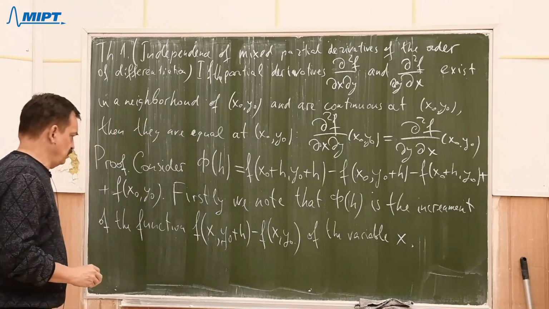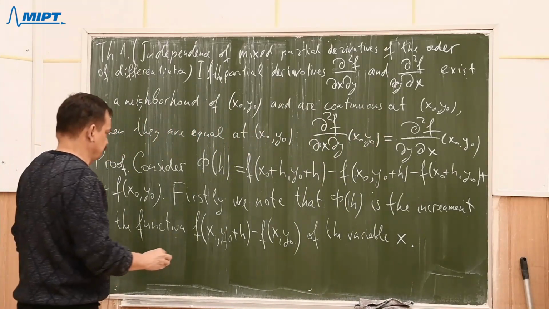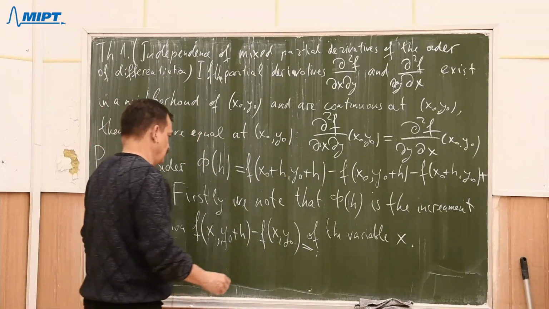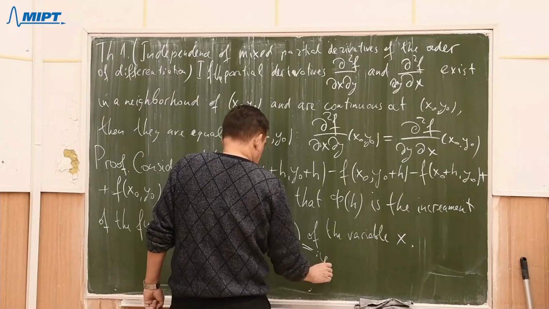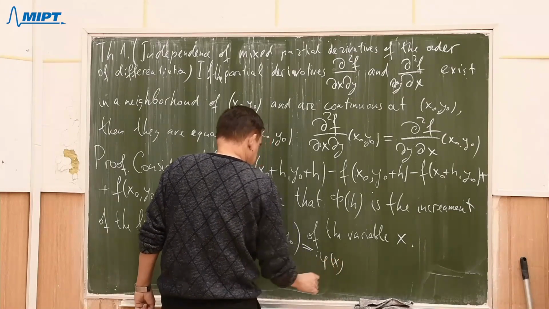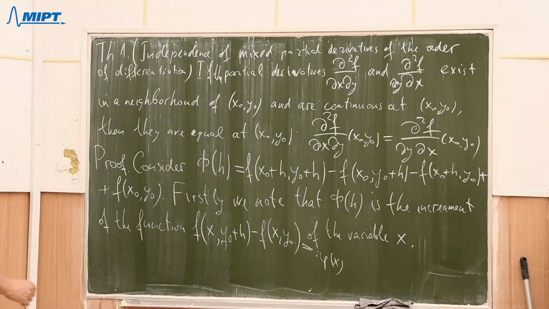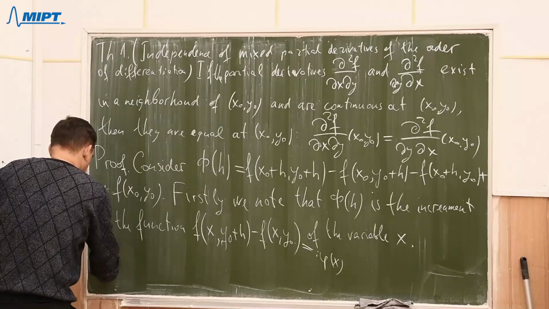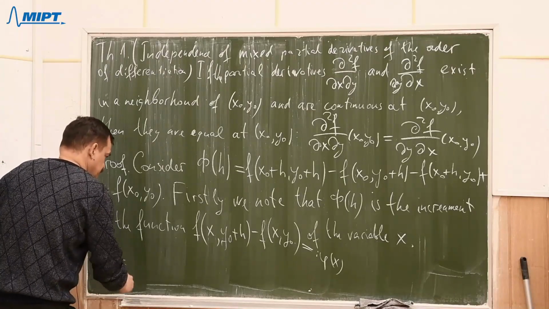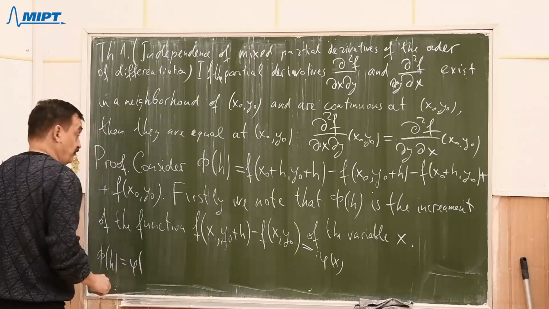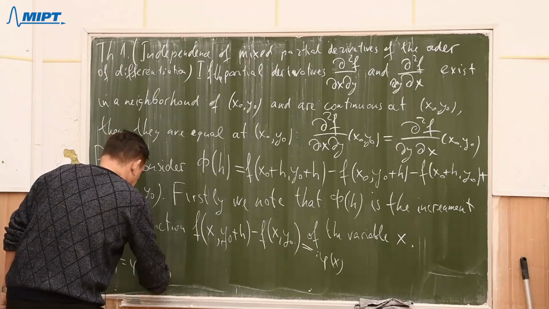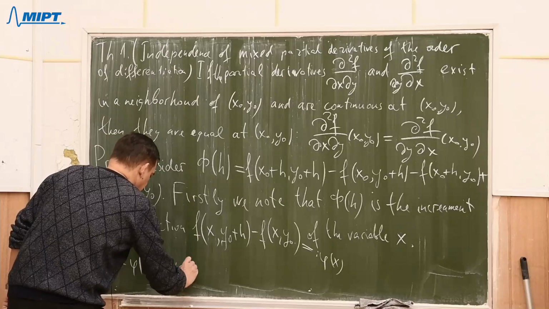And let me denote this function, let's say, little phi of x. What kind of increment? Namely, capital Phi of h equals little phi of x naught plus h minus little phi of x naught.